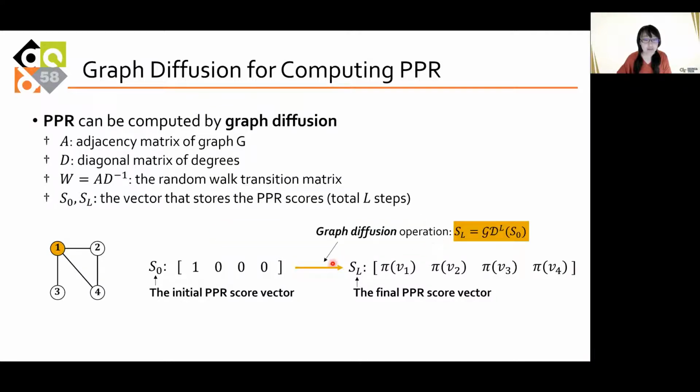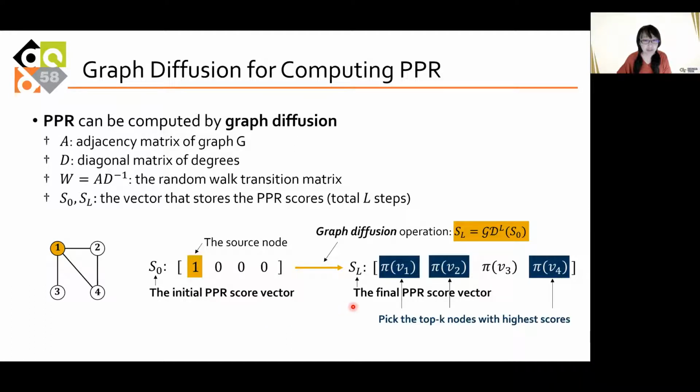We call this procedure graph diffusion, and we denote it by GD, meaning it starts from initial vector S0, and after L steps, we get this final PPR vector SL. Note that in this initial vector, there is only one node whose value is not 0, because this is a personalized PageRank and there is only one single source node.